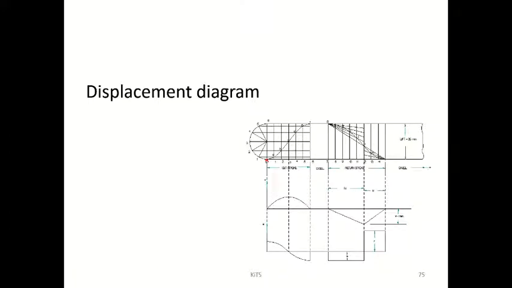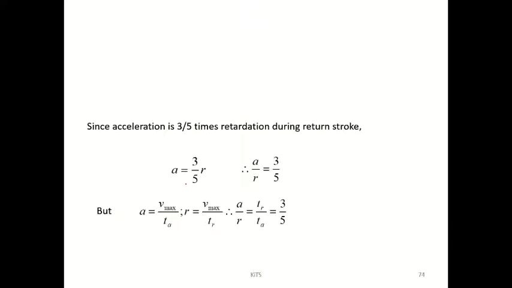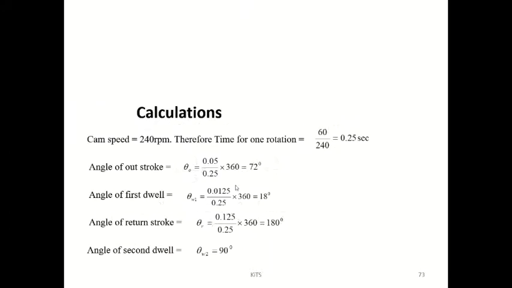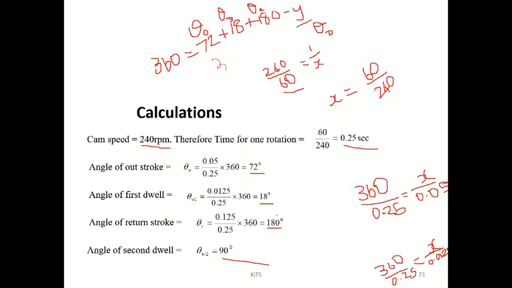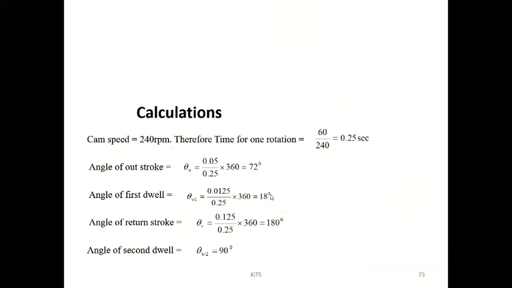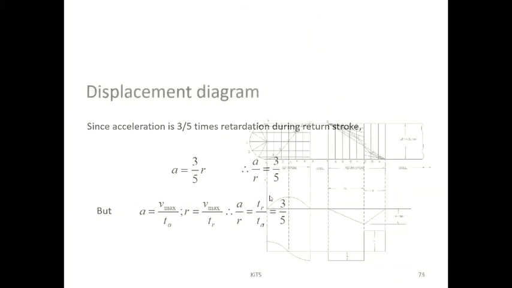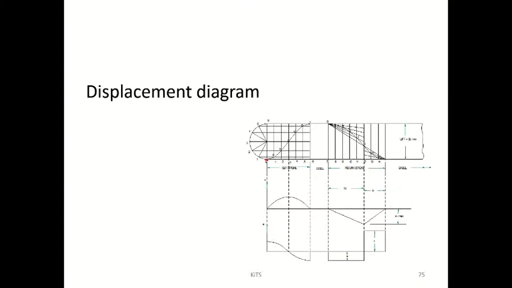Now take your scale. How many degrees are we having here? 72 degree, 18 degree, 180 degree, 90 degree. So take your scale and draw a long horizontal line with the help of the scale.